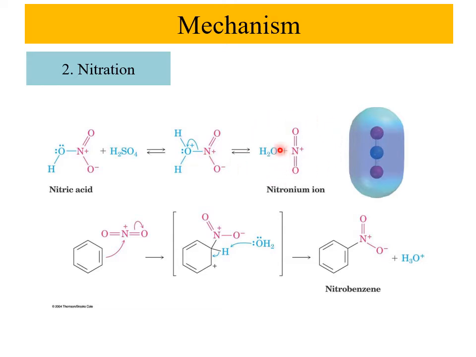This nitronium ion will act as an electrophile in the process, which further reacts with benzene to form an arenium ion. The arenium ion then loses its proton, okay, by deprotonation by a nucleophile, forming nitrobenzene.